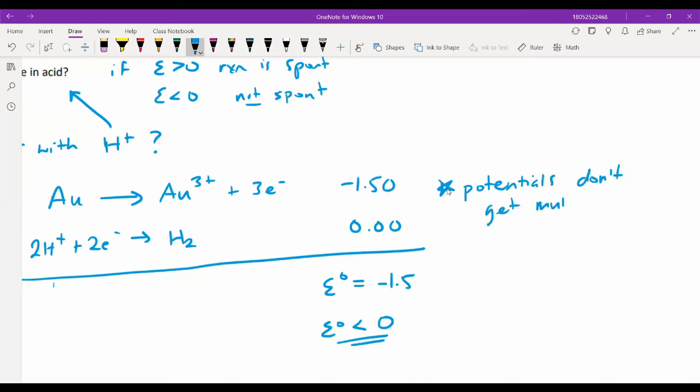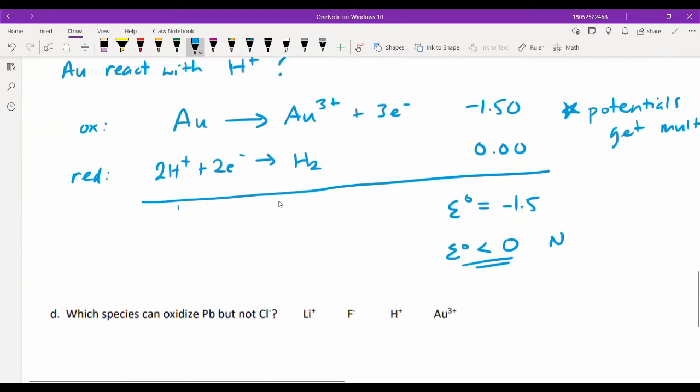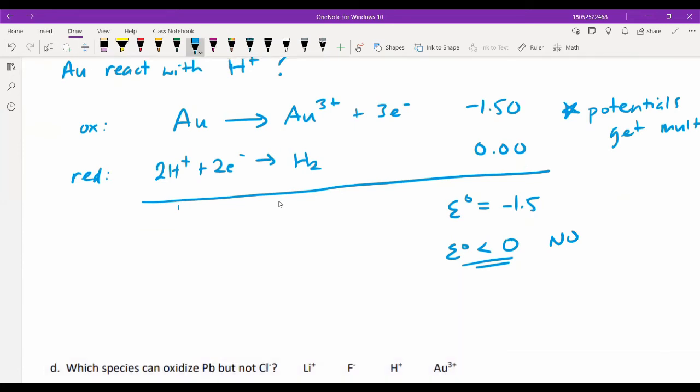So even though to add these two half reactions together, we'd have to even out the electrons, we don't change these numbers. That makes this pretty nice in this quick way. So this is going to be no. Reaction does not happen. It's not spontaneous. Gold won't dissolve.